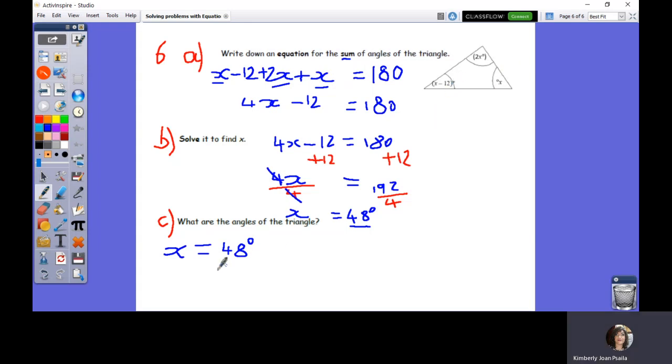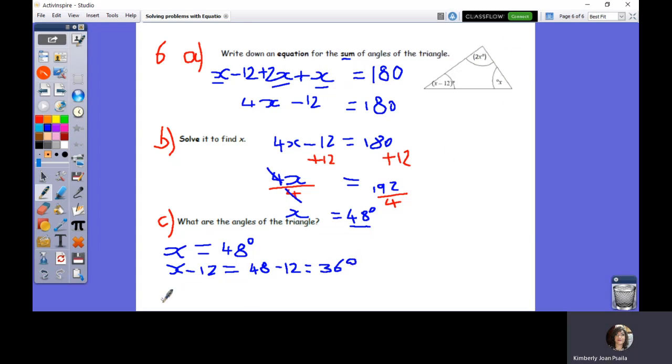Okay, we have this x minus 12. Instead of x, we write 48 because we know the value of x, and we subtract 12. And there you should get the answer of 36.